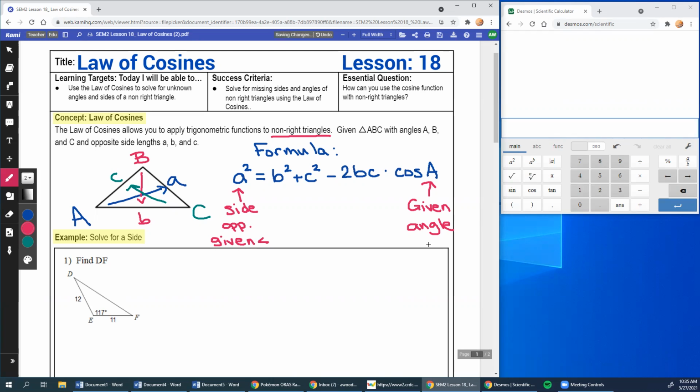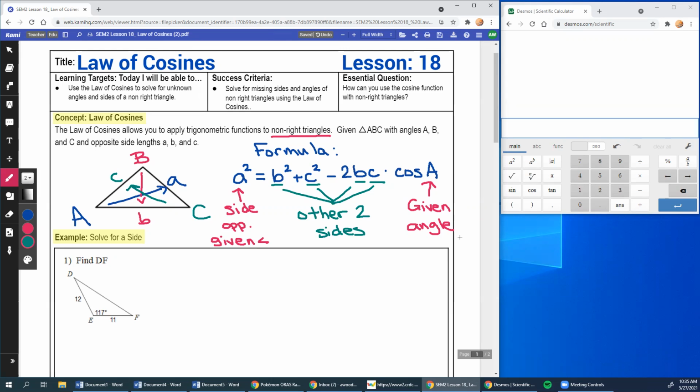So the given angle and this outside a squared are always partners. Then you have these b and c, and these are the same b. So b squared, it's the same b you plug in here. These all come from your other two sides.